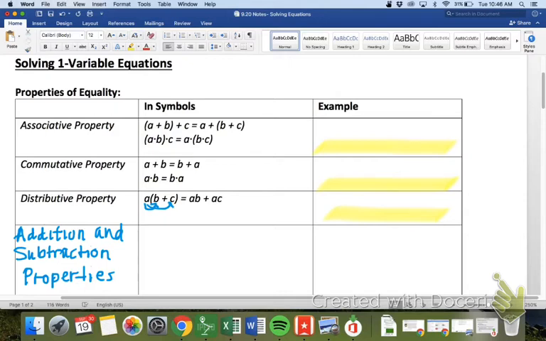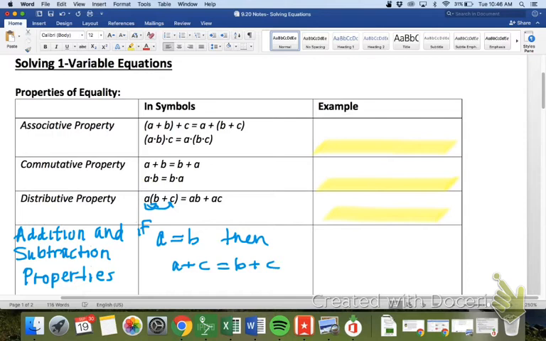The addition property of equality says that if A equals B, then we can add the same thing to both sides and it preserves the equality. The equation is still true. So for example, A plus C equals B plus C.